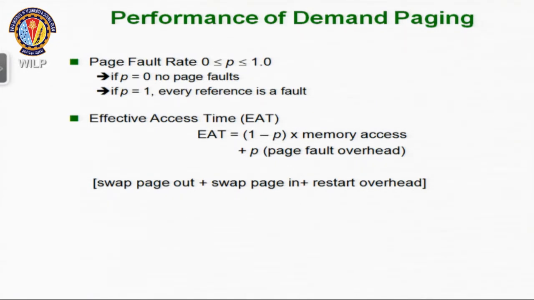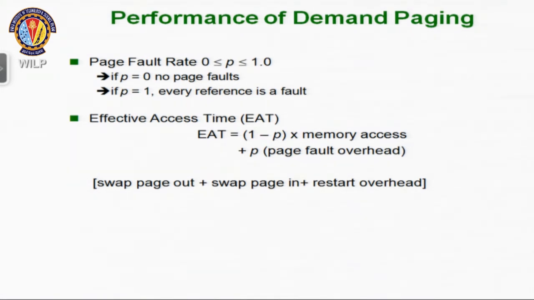So let us see the process when a page fault occurs. There is a program, and since it is loaded on demand, only a part of the program and a part of the data has been brought in. Whenever the program tries to reference memory, there is a possibility that this frame may not exist in memory.